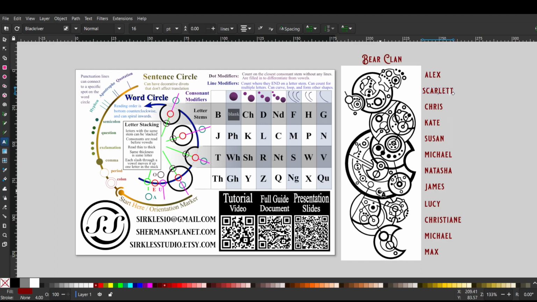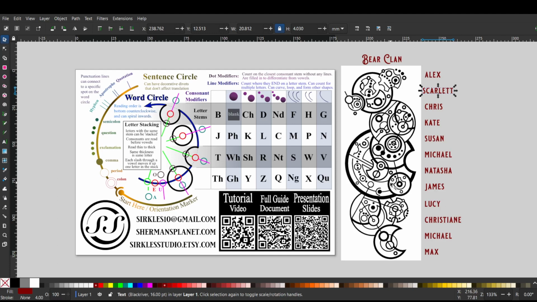So anyway, we have this start marker, which points to this word first. So this word, we have our sentence circle kind of going around it, and we have our word circle itself inside it. So this word circle here starts with this vowel consonant team.